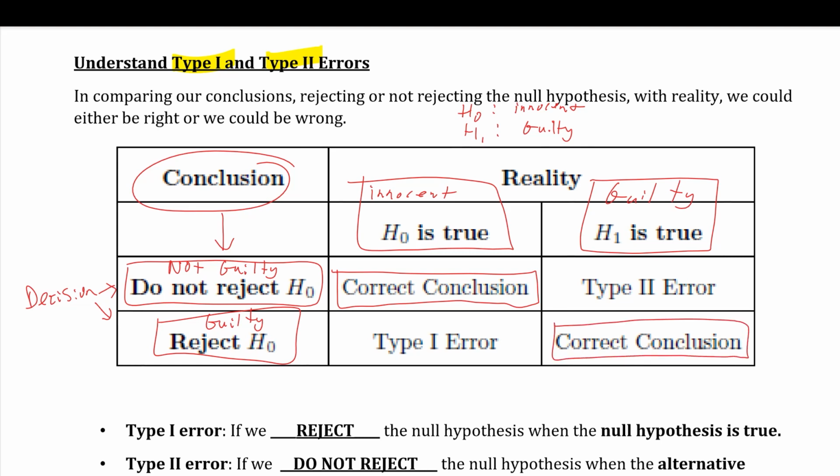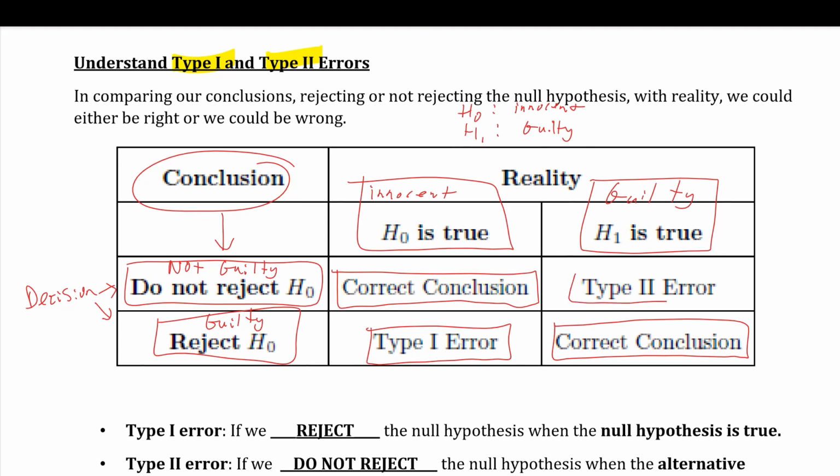Now, the other two are where we commit errors, okay? Let's say a person was innocent and somehow there was enough evidence, maybe a really aggressive lawyer found some way to prove that they were guilty. That would be considered a type 1 error. A type 2 error would be if the person is guilty and there wasn't enough evidence to prove it, so we say that they're not guilty.